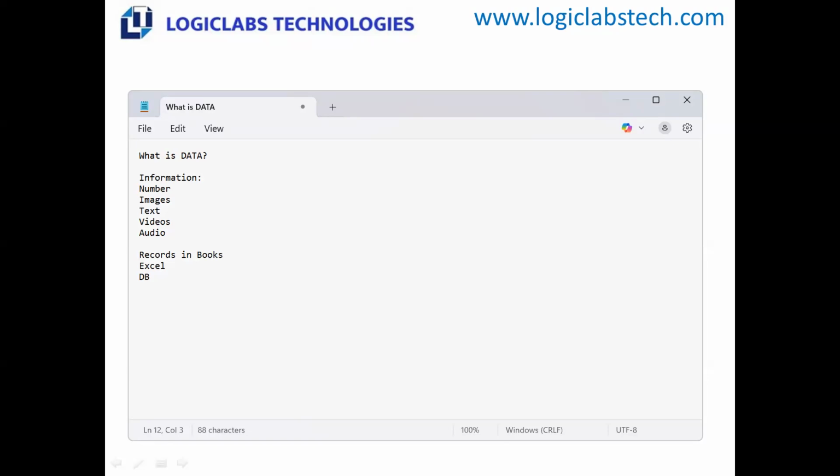But once the database was introduced, what is a database? A database is a place where we store our data, by using some tools, technologies and language. To store data into a database, we use SQL as a language. Yes, that is very, very important.